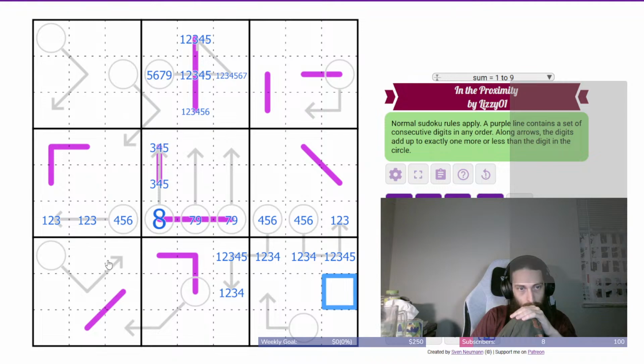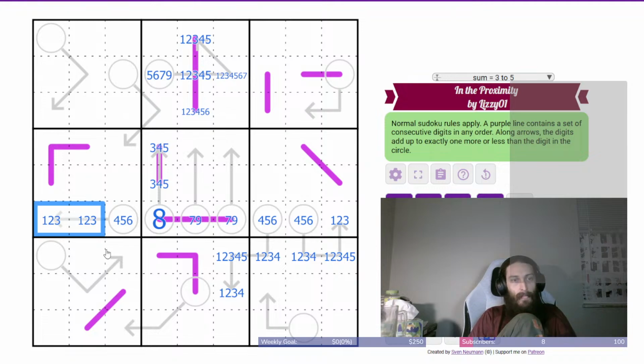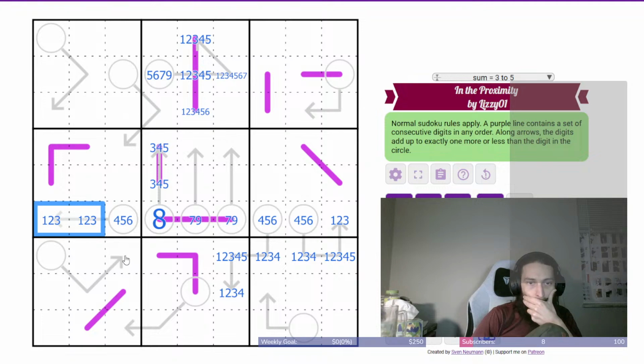Now let's see. For 4, 1 2 1. No. If the circles on the right add to 4, either one of them, it has to sum to 5.